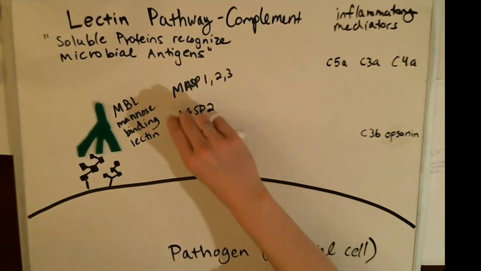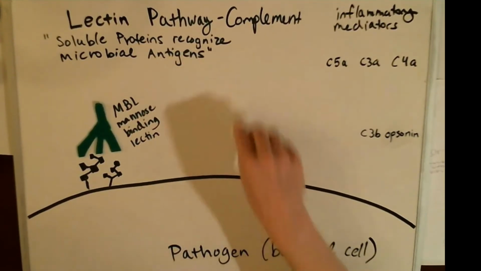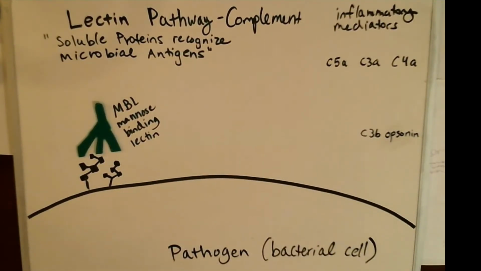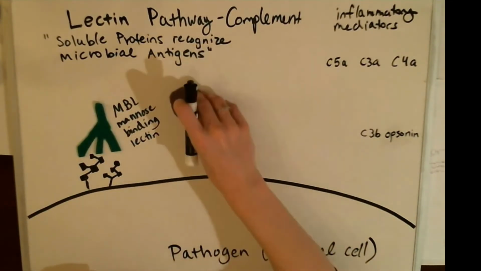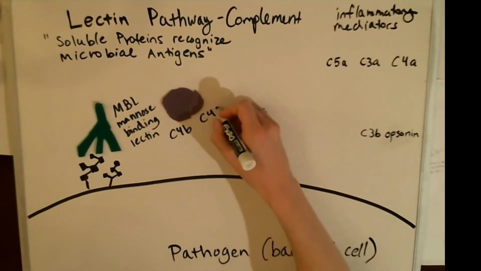So MASP2 binding to MBL starts the lectin cascade in this complement pathway. So what we'll see next in this pathway is after our initiator protein binds the carbohydrates and we have our MASP2 serine protease activity, we're going to basically have the complement protein C4 come in. C4 will be cleaved into C4b and C4a.